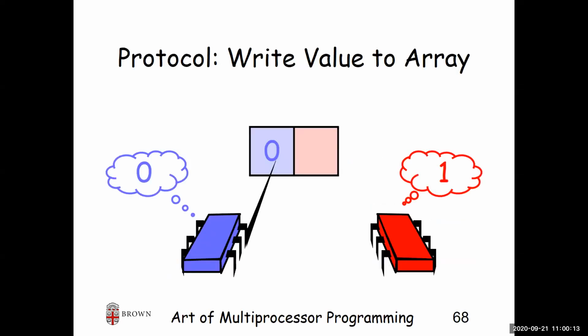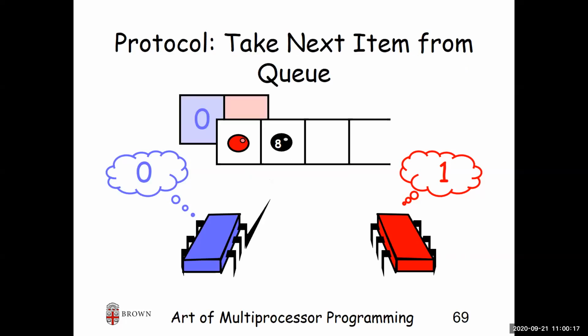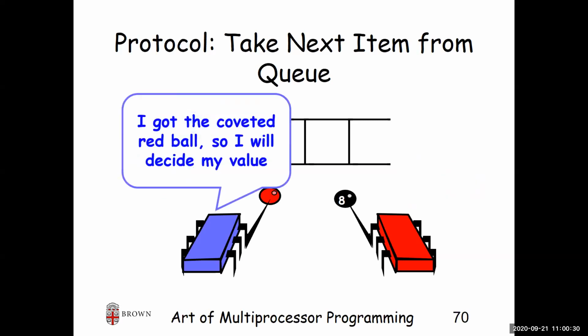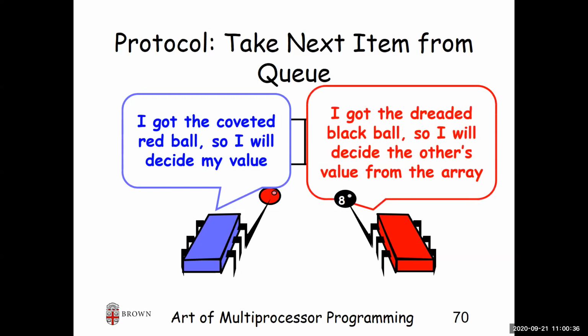Each of the threads is going to get an item from the queue, and it's going to get either the red or the black ball, depending on who moves first, right? So in this case, blue got the coveted red ball, so it will decide on its own value. Alternatively, since red got the dreaded black ball, it will decide the other's value must be the correct one.